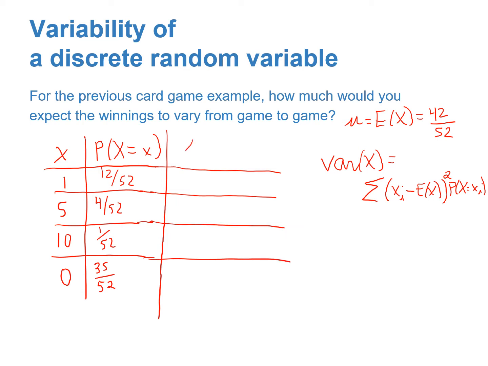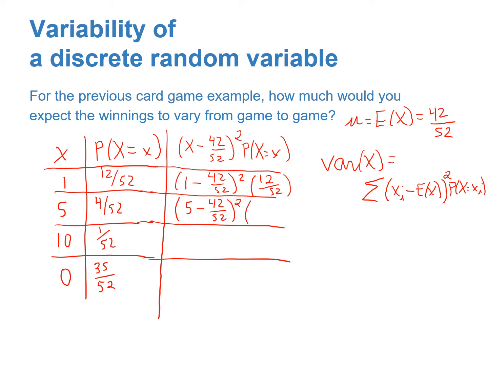So over here, you can kind of think about what that looks like. I can take x minus the mean of X, 42 over 52, square that and multiply by the probability that X equals x. So here I have 1 minus 42 over 52 squared times 12 over 52. Here my value of x is 5: 5 minus the mean of X, 42 over 52, squared times the probability that X equals 5, 4 out of 52.